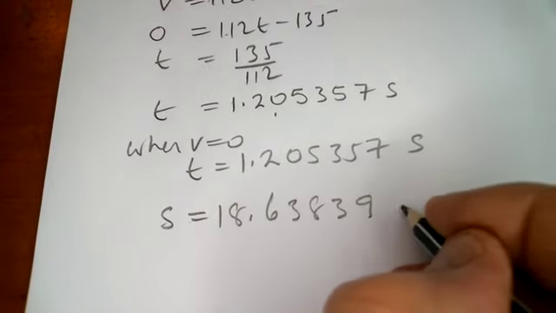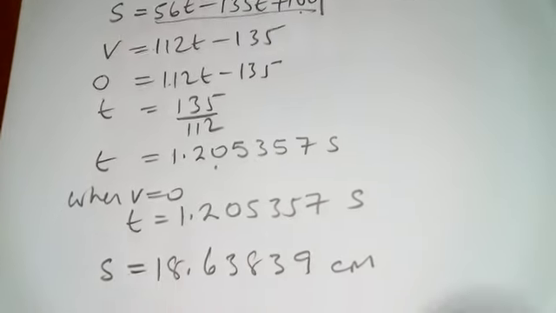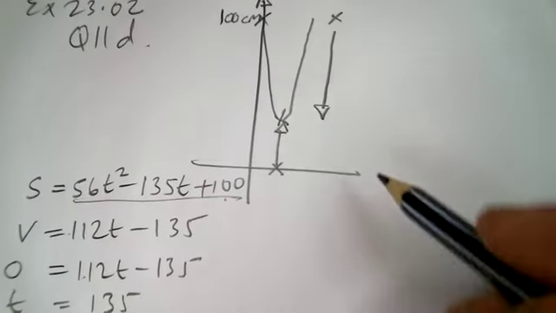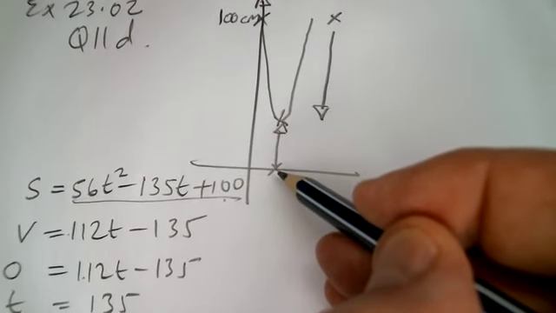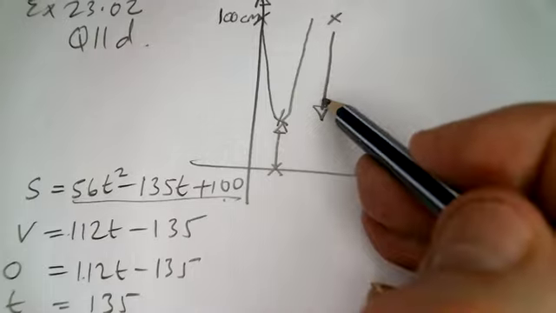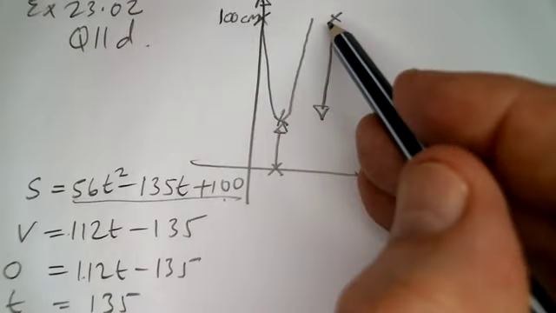Now, of course, that is in centimetres. What we've found is the distance above the ground, this distance here. So to find the distance from the person's hand, we're going to subtract it from 100, and that will give us that distance there.